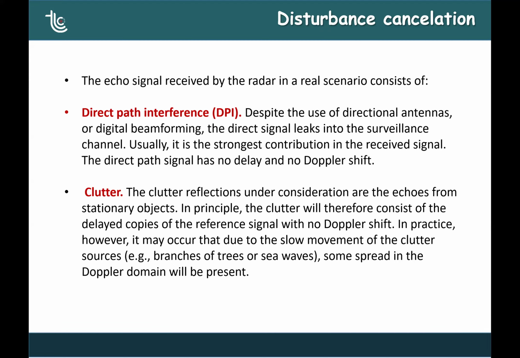Then we can use directional antennas or digital beamforming. In this way, we could put some null in the direction of the reference antenna in order to cancel the direct path interference. But actually, you will see that in the majority of cases, we use a signal processing algorithm to cancel or to limit the DPI.